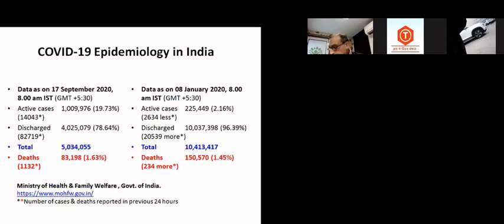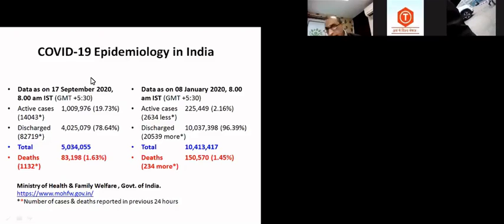But the number of deaths is highest in USA, about 18% of the total deaths. Fortunately, we have fewer deaths as compared to the rest of the countries. Still we account for around 8% of the total COVID deaths all over the world.